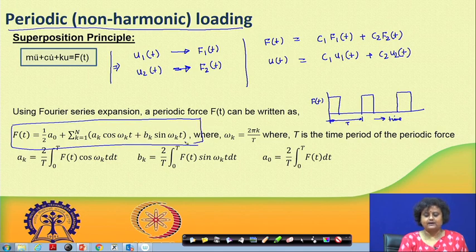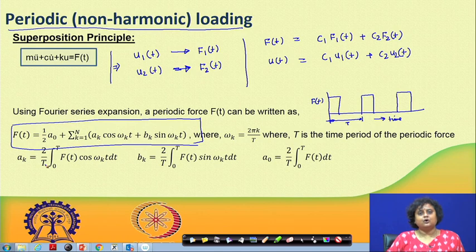Once we expand it, the force gets transformed into a linear combination of sine and cosine functions with different frequencies. Now, we know how to solve the system for a cosine or sine function. So, we are going to solve the system for each sine and cosine function, and the final response is just the linear combination of these individual solutions using the principle of superposition.